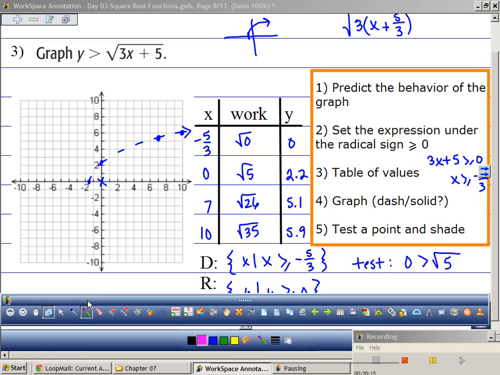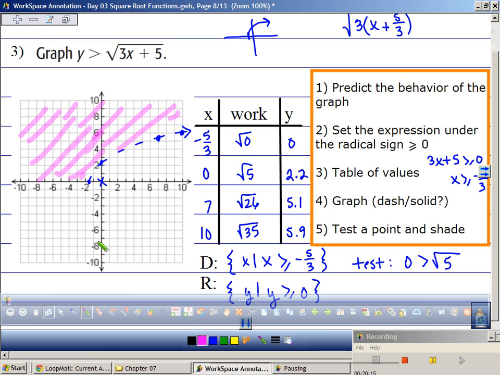So where's the shading going to be? Okay. Is everything above it? Are there values down here anyway? No. Well, yeah, because are there any values down here? No. Yeah, it's going to infinity out there. So just because there's no graph there doesn't mean there are no values.